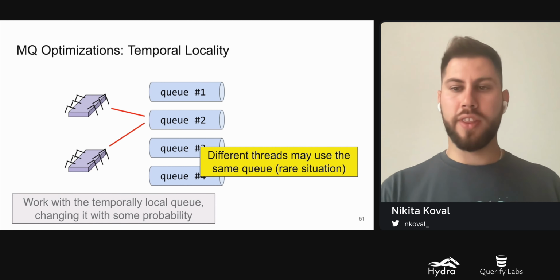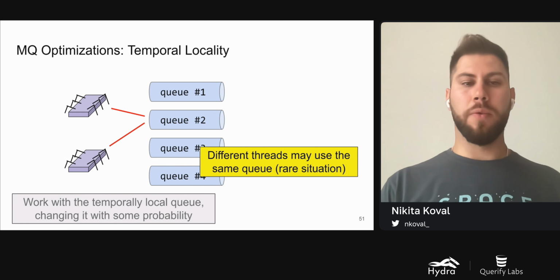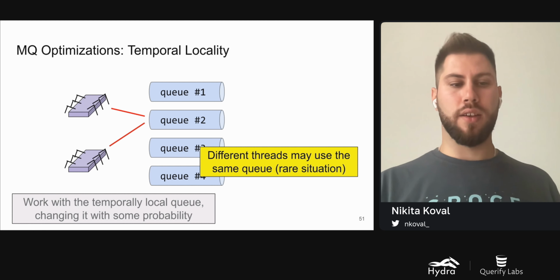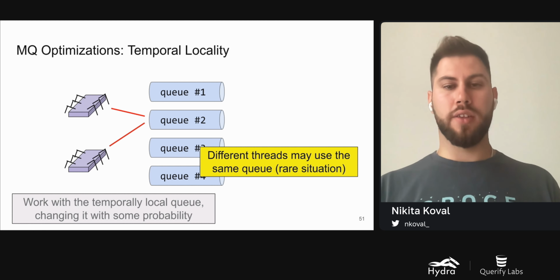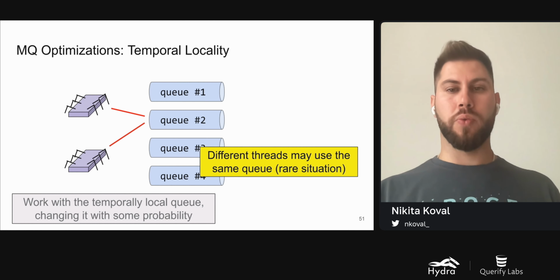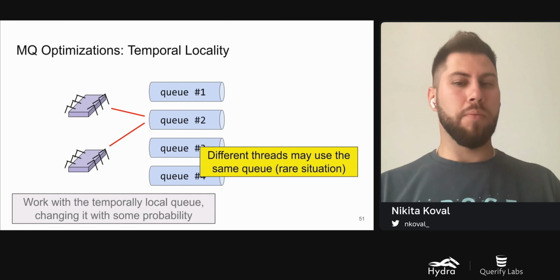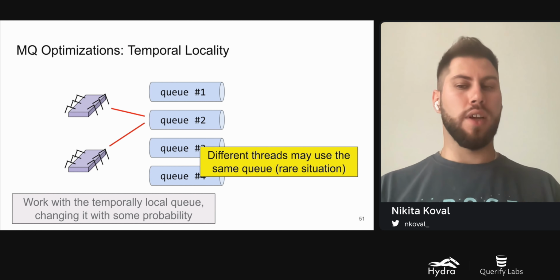It's of course possible that different threads use the same queue as a temporary local one, but it's quite a rare situation because we have more queues than threads. So sometimes we are unlucky, but we shouldn't really care about this.